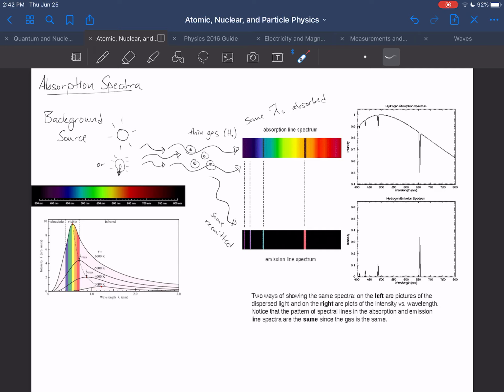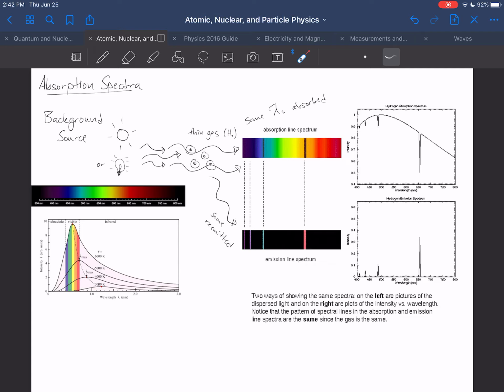And here's how it works. Take some kind of background source. So the sun, which produces a pretty continuous background spectrum, or an incandescent light bulb, something like that, gives you sort of a rainbow of colors. And you send that source through a thin gas. So that light is shining through a thin gas.